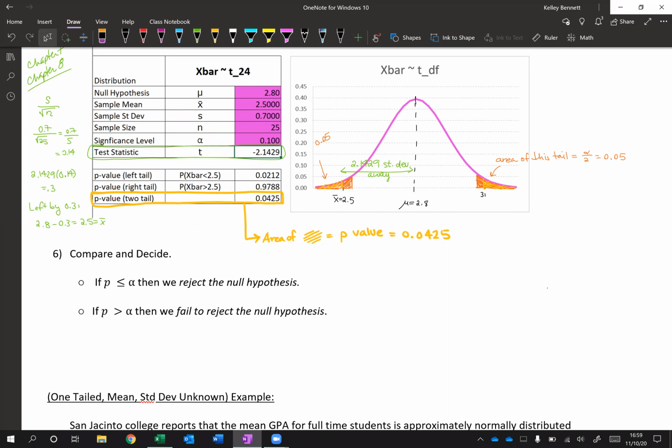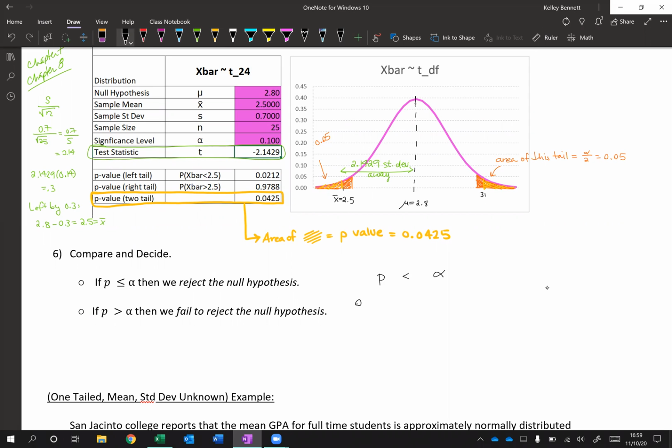If P is less than or equal to alpha, we reject. If P is greater than alpha, we fail to reject. So we have our P value is 0.0425, and our alpha is 0.10.